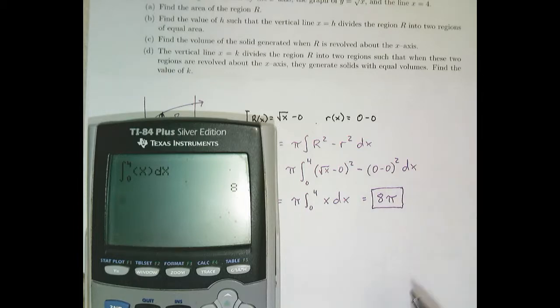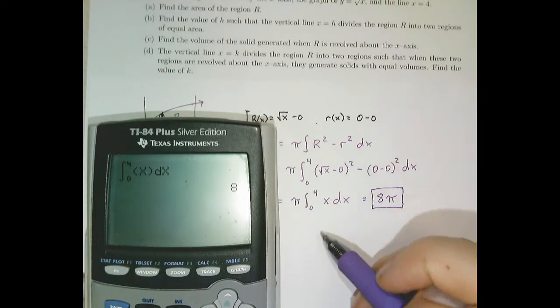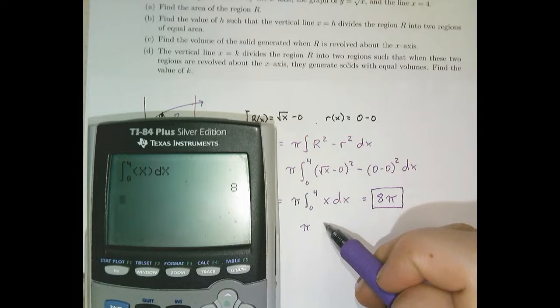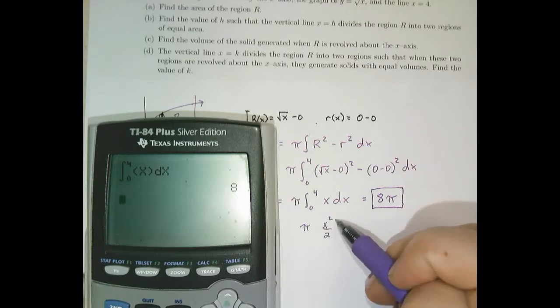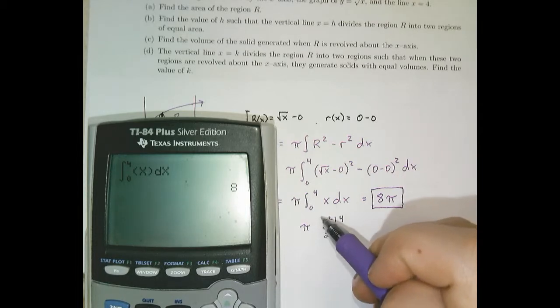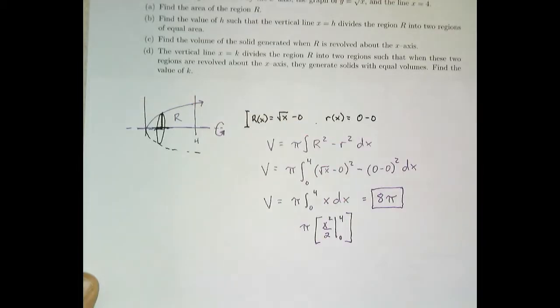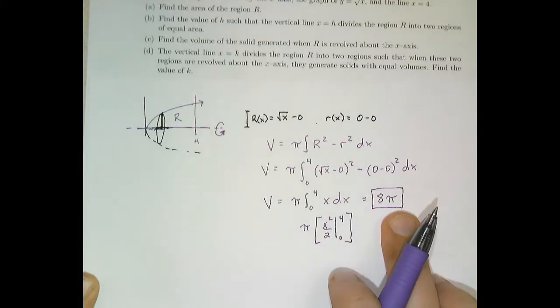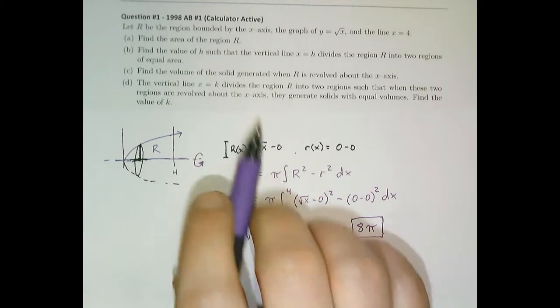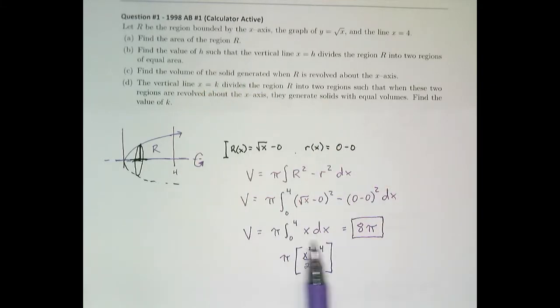If we are going without a calculator, the antiderivative of x is x squared over 2, which we evaluate from 0 to 4. And that gives us 16 halves minus 0 halves, which is 8 minus 0 times pi. Same problem, just done by hand versus done with a calculator. And since it's calculator active, I always encourage to do integrals and derivatives with the calculator when possible.